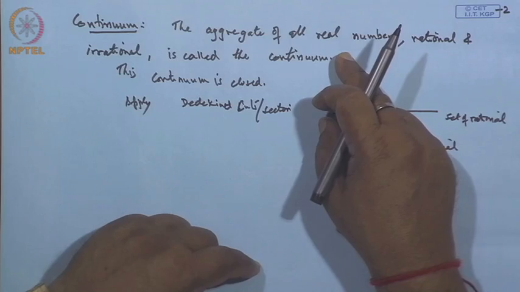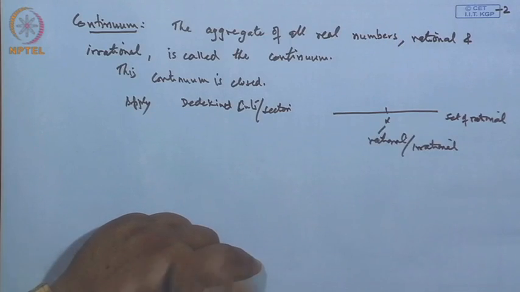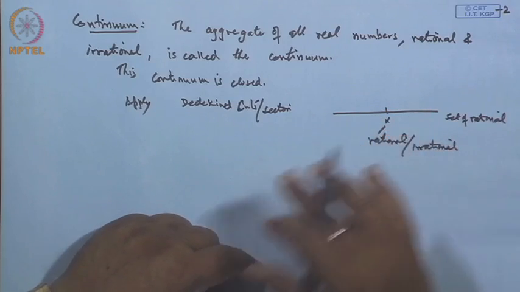Now, the question is, if I apply again that Dedekind cut method over the set of real numbers, that is, we again find the sections or cuts by using Dedekind's method over the set of real numbers, will you get a set of numbers bigger than the set of real numbers?